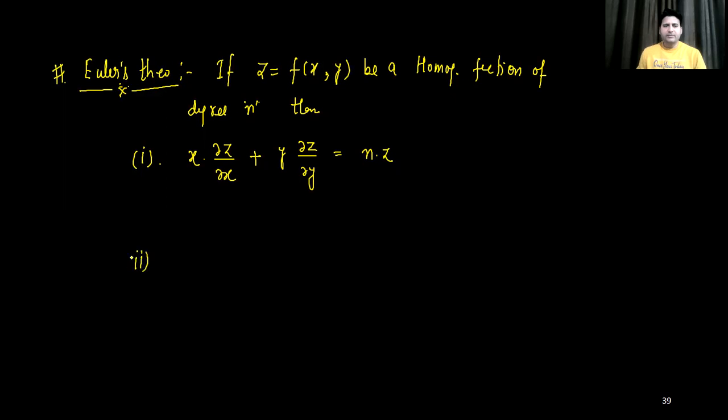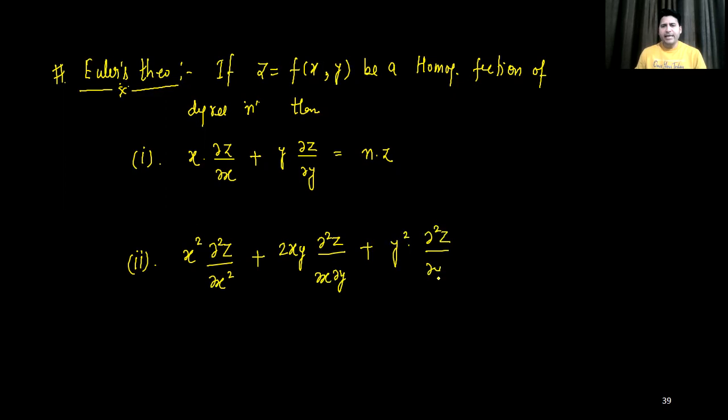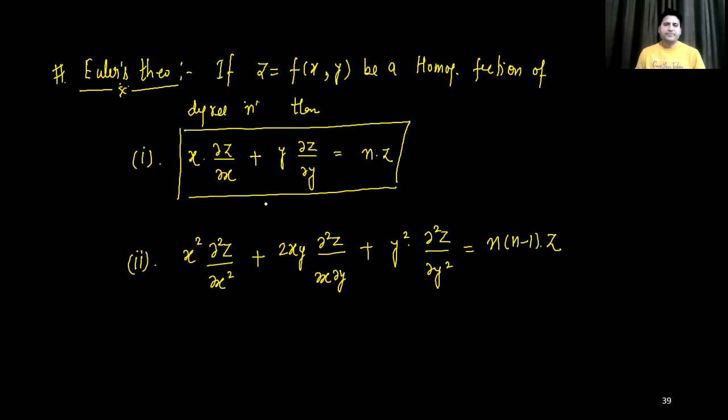Second result: x square into del 2z over del x square plus 2xy into del 2z over del x del y plus y square into del 2z over del y square equals n into n minus 1 with z. These are the two results that we have about Euler's theorem for a homogeneous function.